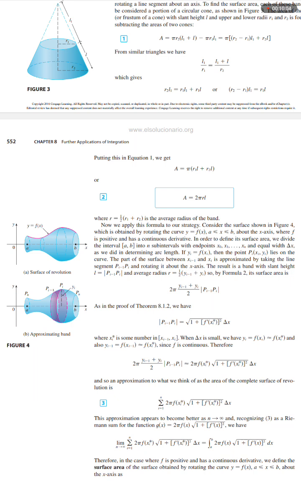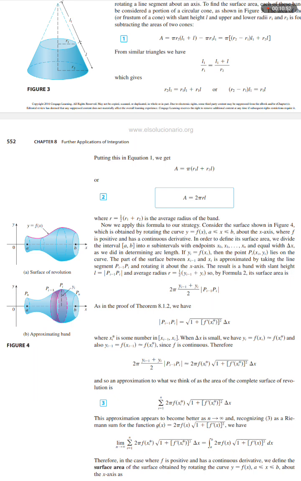As in the proof of theorem 8.1.2, we have the absolute value of P sub i minus 1 P sub i equals the square root of 1 plus [f prime of x star sub i] squared, times delta x, where x star sub i is some number in [x sub i minus 1, x sub i] when delta x is small.